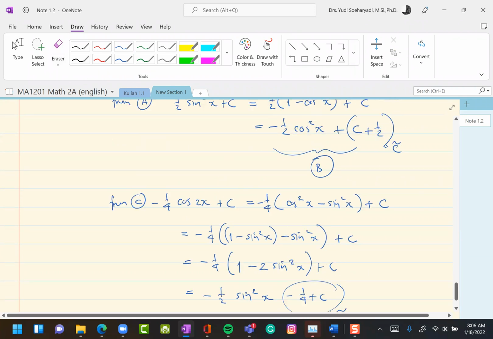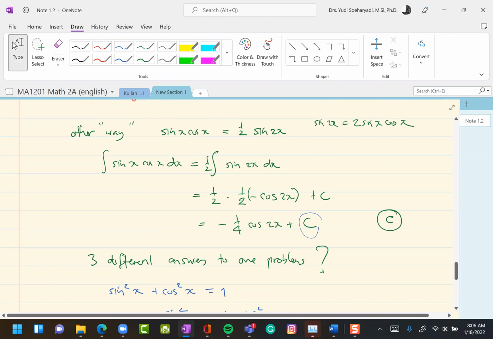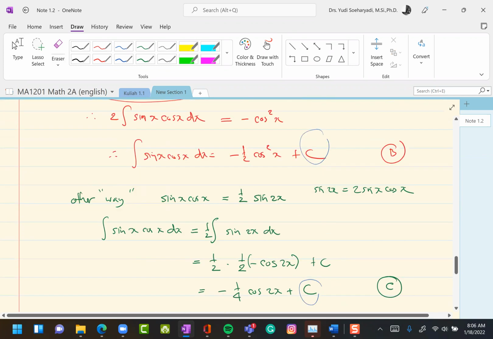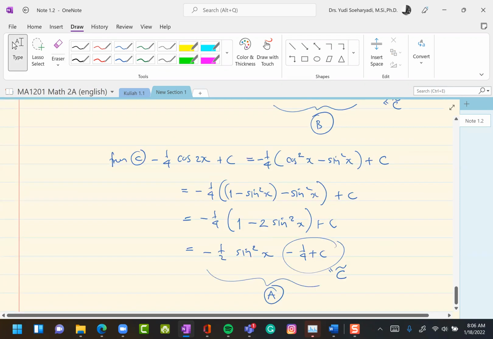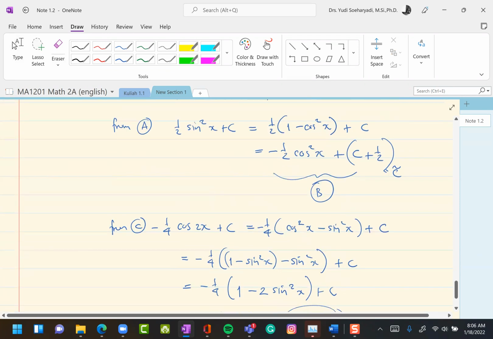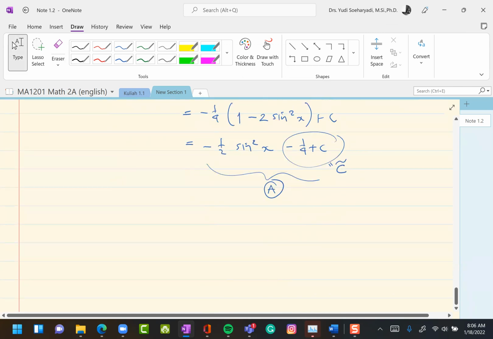So it turns out that the seemingly different answers, three different answers, are basically the same. The distinction is just a constant. Same, except for a different constant.